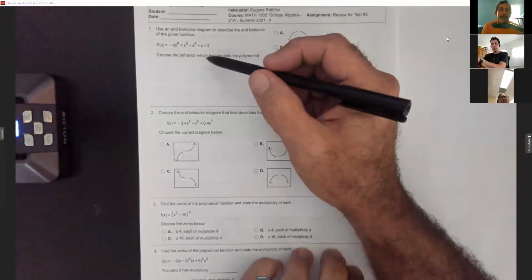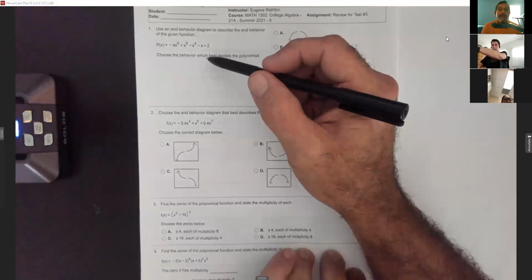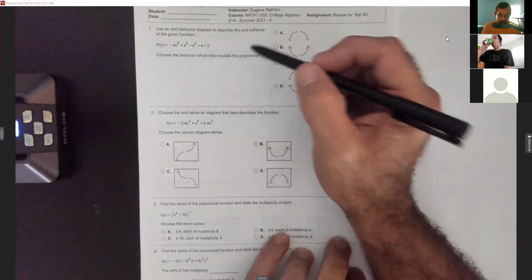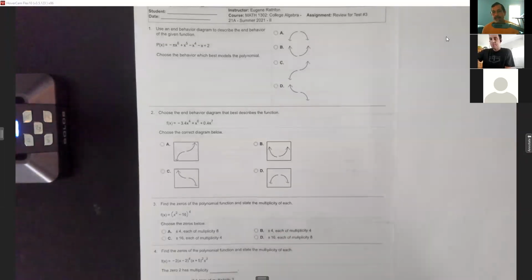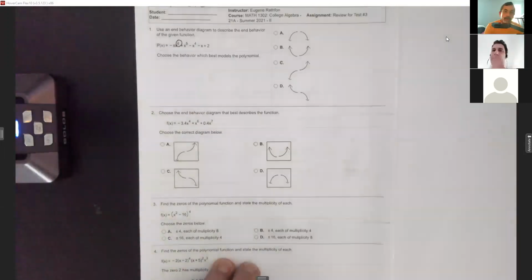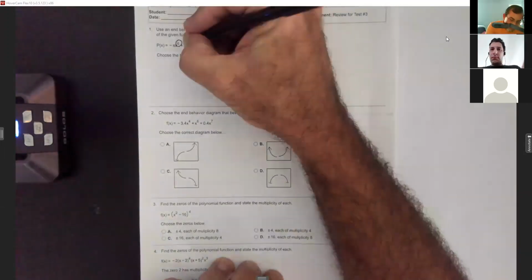All right, so question one, they want me to use the end behavior diagram to describe the end behavior of this function. So we made a chart, we looked at whether the degree was even or odd, and then we looked at that lead coefficient. On our chart, our degree is 6, so the degree is even.